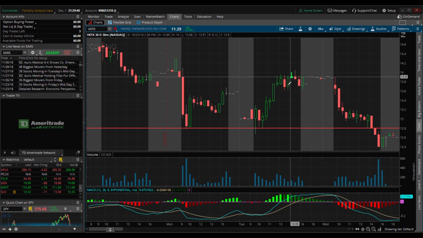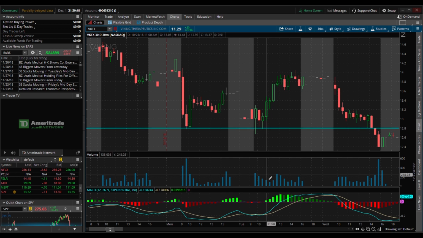So now this is your new support. We're going to make support a blue color, to make this simpler to understand. So here's your new support, and this is for Friday, Monday, Tuesday, and Wednesday.